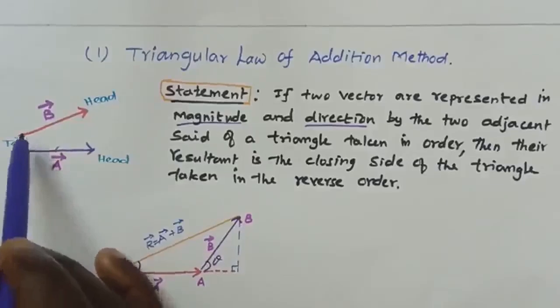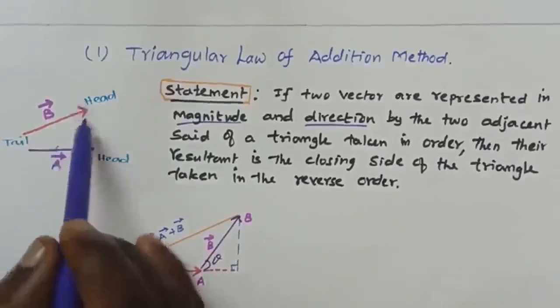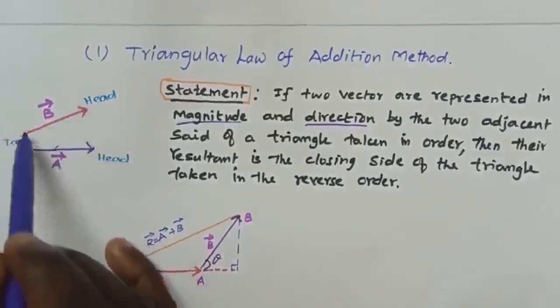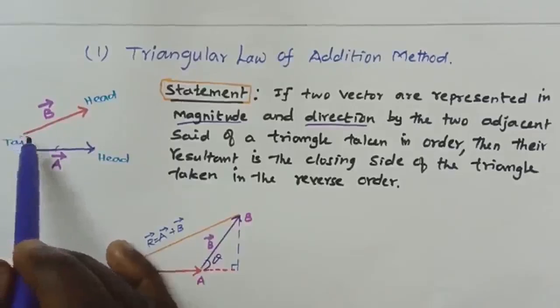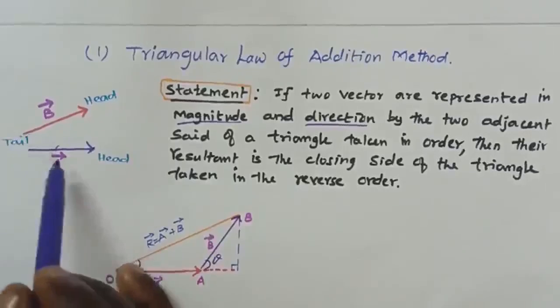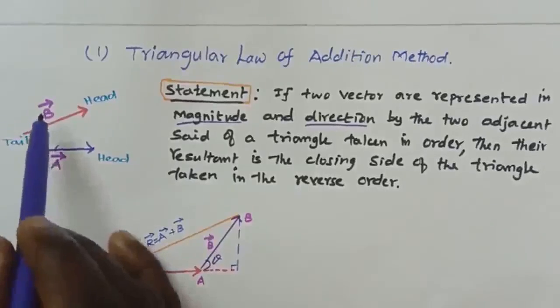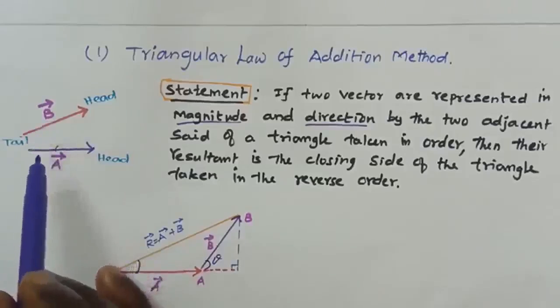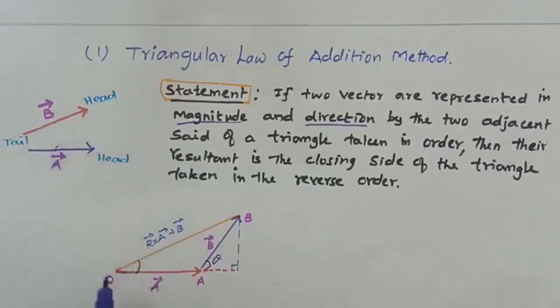And another vector B vector, this is the head of the B vector, this is the tail of the B vector. So students, to find the resultant of two vectors A vector and B vector which are acting at an angle theta, the following procedure is adopted. Now first draw OA. First you draw OA is equal to A vector.